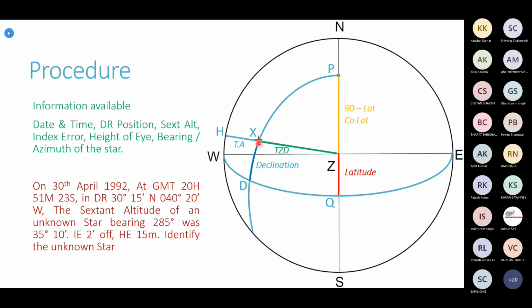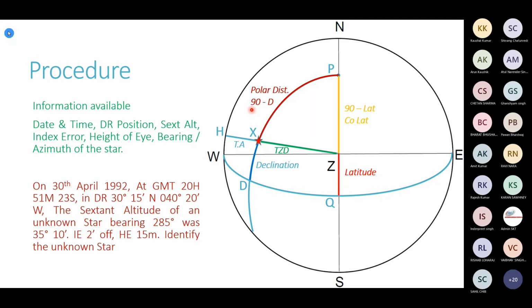So P to D being 90 degrees and D to X being the declination of the body, now we know the arc P to X has to be 90 minus declination. So let's highlight it. I have highlighted it in the maroon color now, P to X.